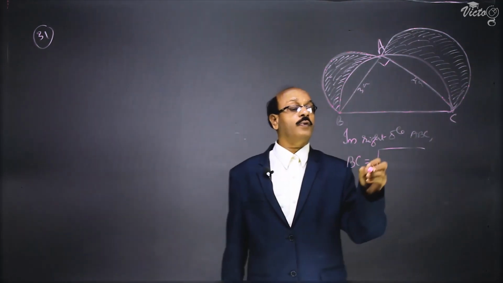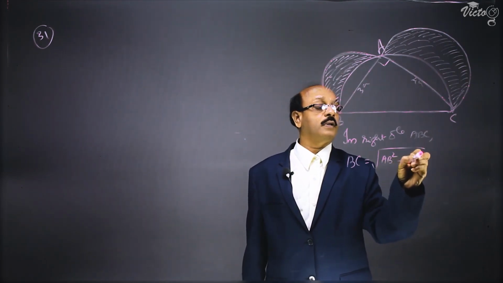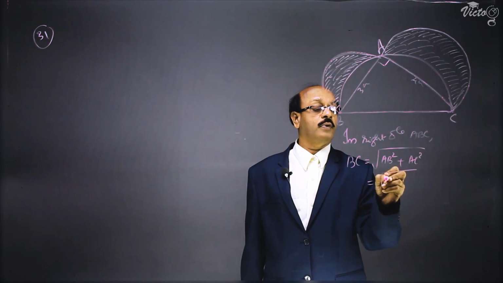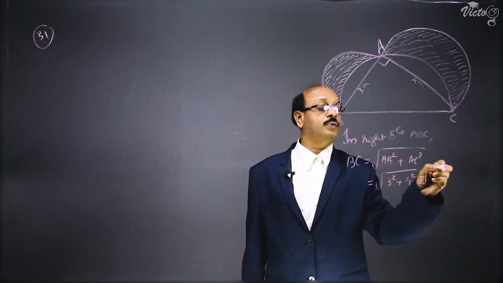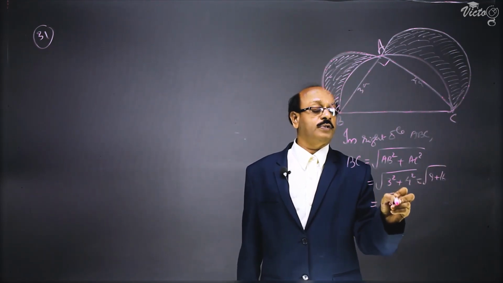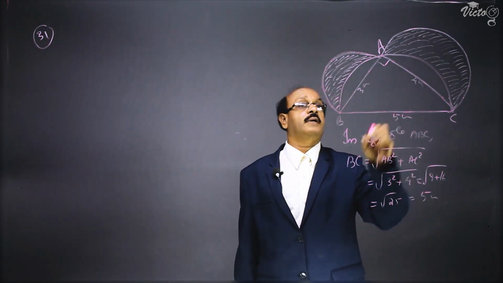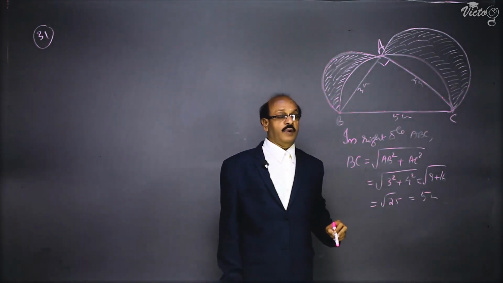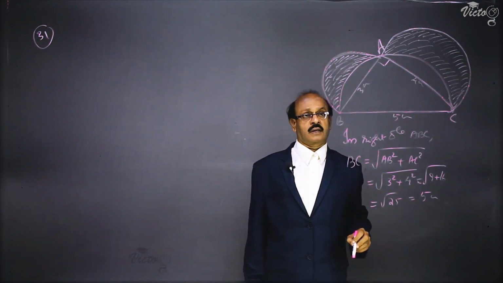BC is equal to root of AB square plus AC square, which is equal to root of 3 square plus 4 square, which is root of 9 plus 16, which is root 25, equal to 5 centimeter. Now we can find the area of the large semicircle BAC.